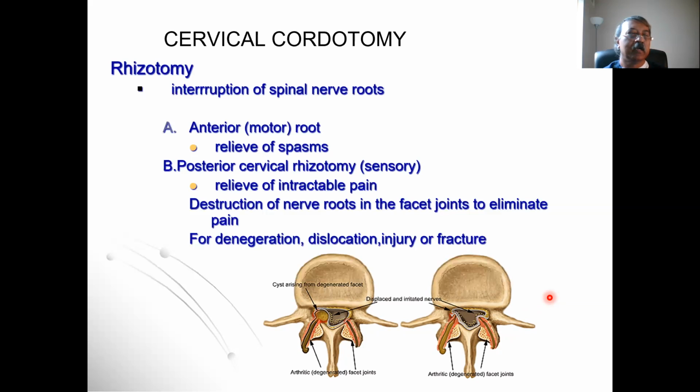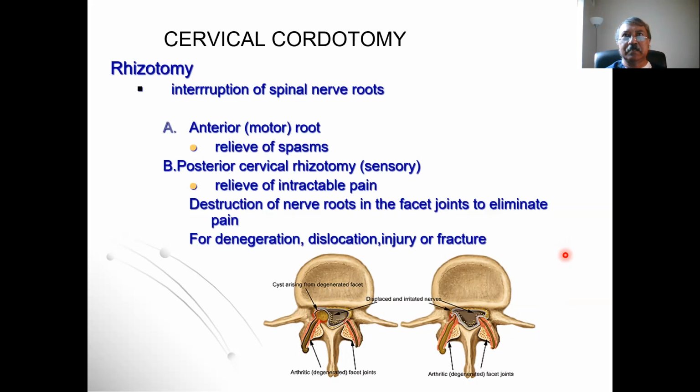The spinal cord here runs like a little white fibrous material, where you have the white matter and the gray matter inside, and all the nerve tracts there. So in order to simply relieve the pain, we can do rhizotomy.